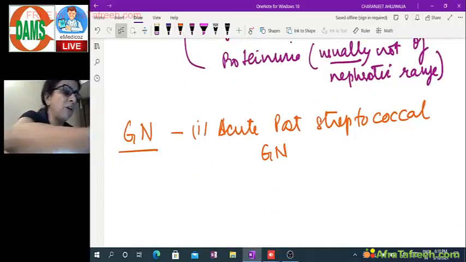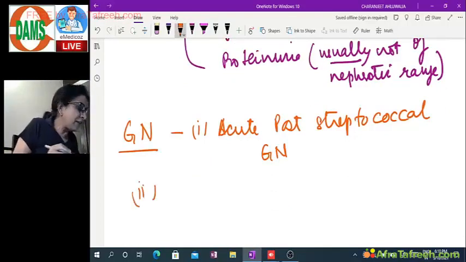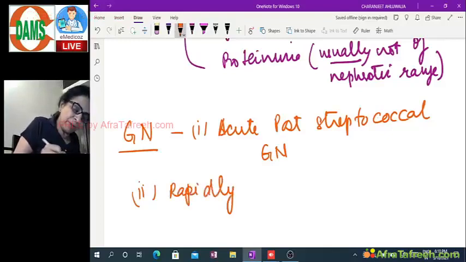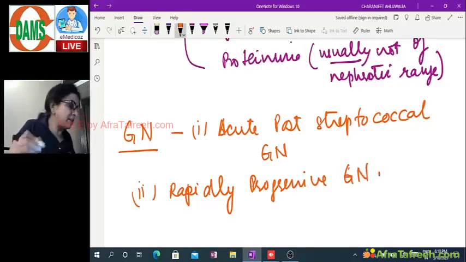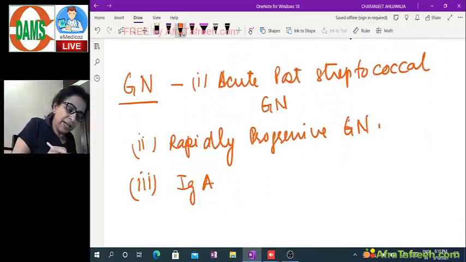So you already know all the features of nephritic syndrome. Okay. Second glomerulonephritis that presents with nephritic syndrome is rapidly progressive glomerulonephritis or RPGN. Third is IgA nephropathy.